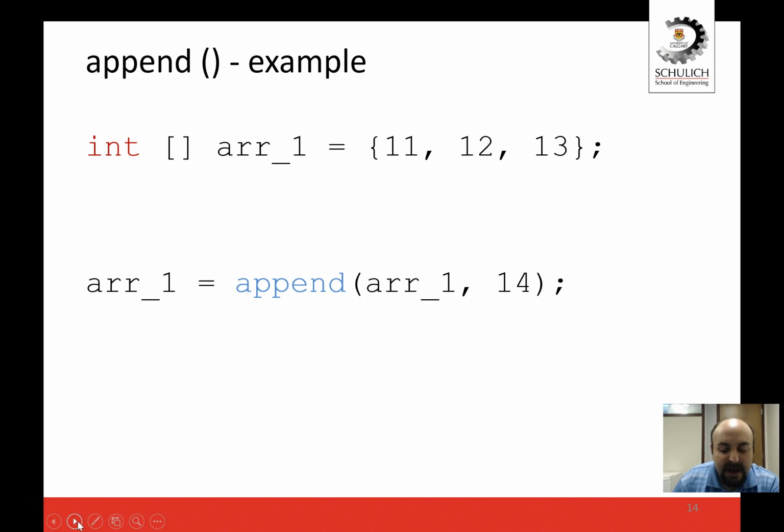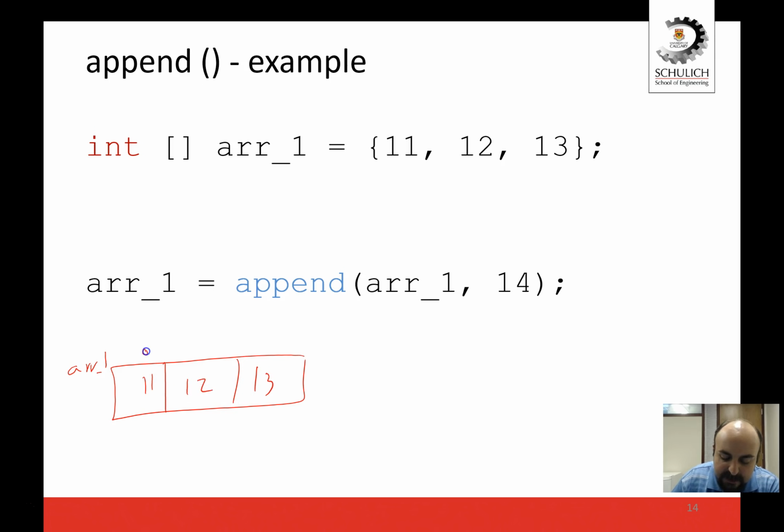So if you have an array R1 and you have 11, 12, and 13 inside, this is index 0, index 1, index 2.